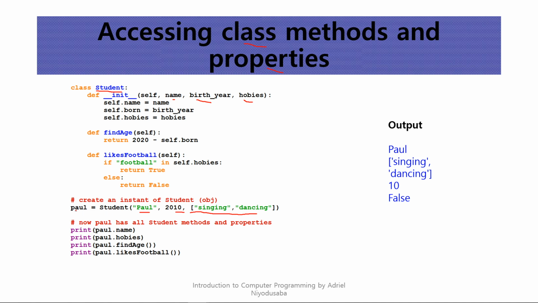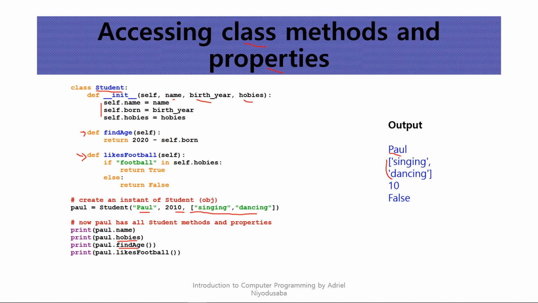Now when we create this instance of student called Paul, Paul has all these properties and all these methods. The way we can check that is we can say Paul.name. That will give us his name, which is Paul. And we say Paul.hobbies to return that list of his hobbies.